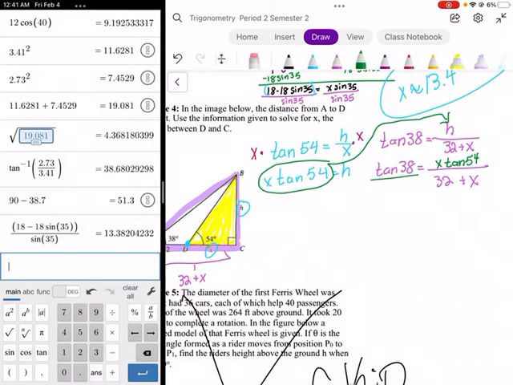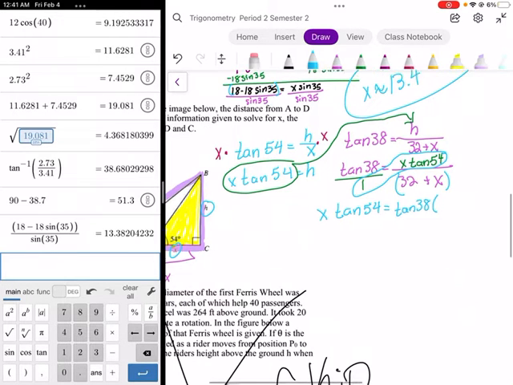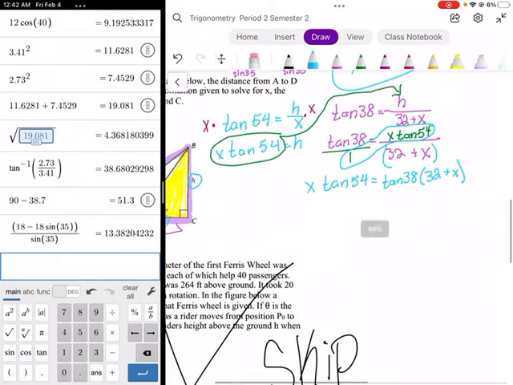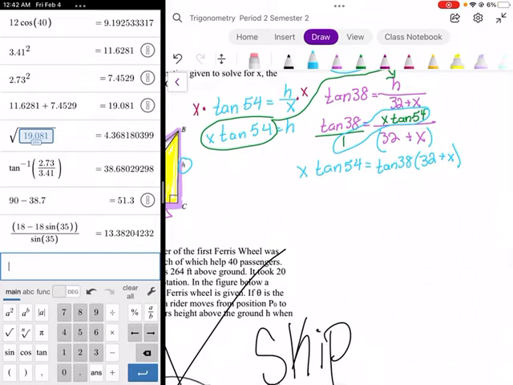So we can go ahead and start by cross multiplying to get rid of the fraction. And don't forget the parentheses around the 32 plus x because we will need to distribute, which will be our next step here.